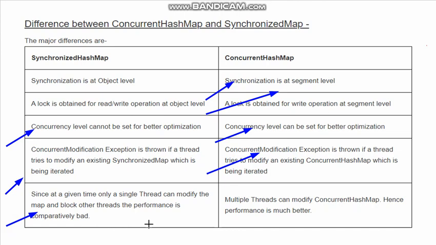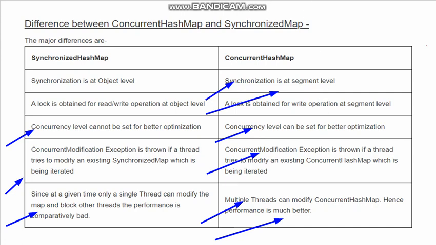Since at a given time only one single thread can modify the synchronized map and block other threads, the performance is comparatively bad. In ConcurrentHashMap, multiple threads can modify the map, hence performance is much better, because it provides locking on segments as we have discussed a number of times in this video.